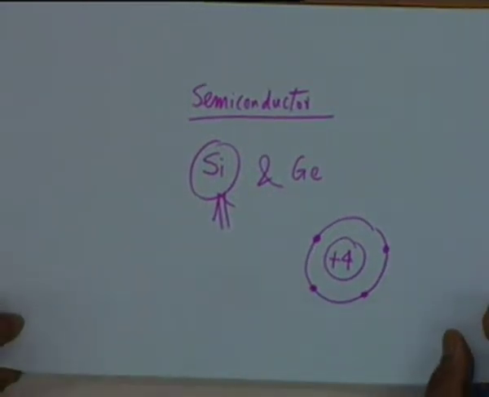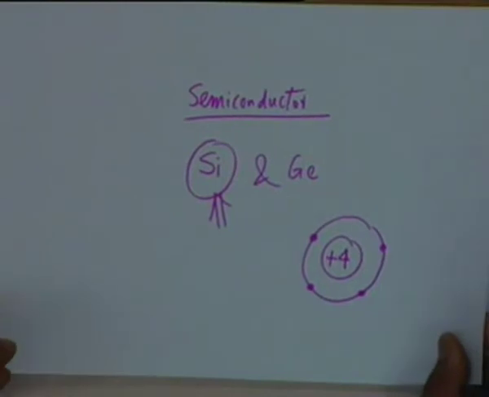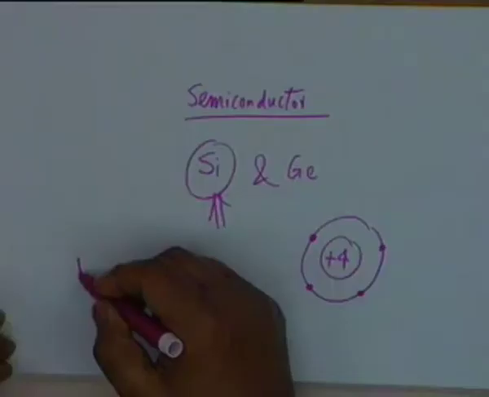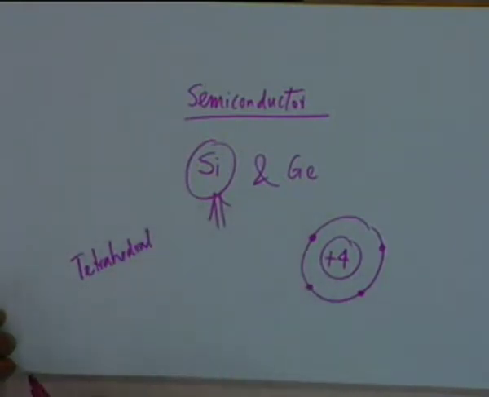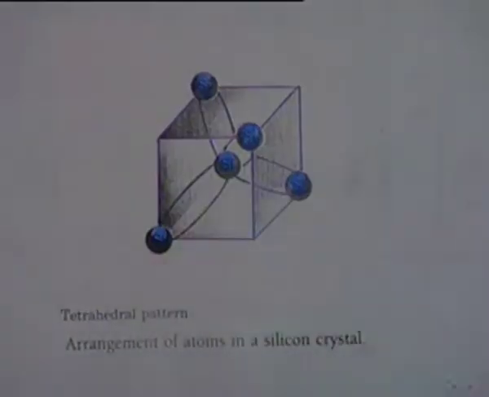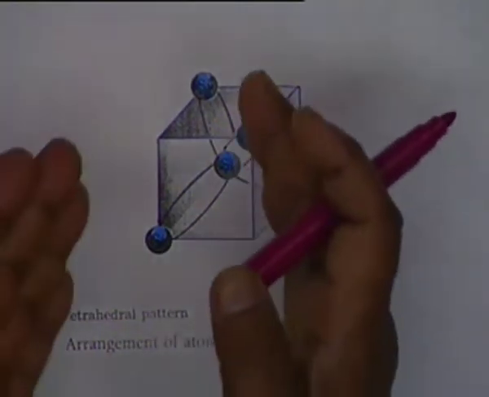And the arrangement of the silicon atoms in space is the so-called tetrahedral arrangement. That is, what we have is something like a cube. If you consider space to be juxtaposition of cubes like this, well, another cube here, another cube on this side, one cube up, one cube down, and so on.